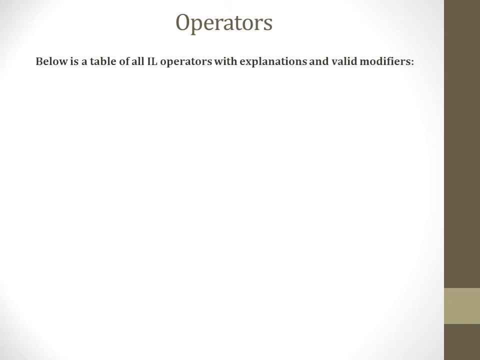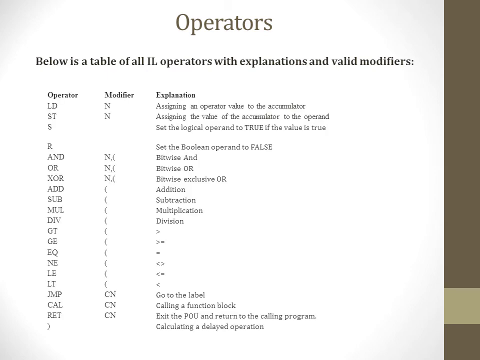So below is a table of all instruction list operators with explanations and valid modifiers. As we see, these are typical operators which we use in any standard language for programming PLC, but we need to use valid modifiers with these operators.